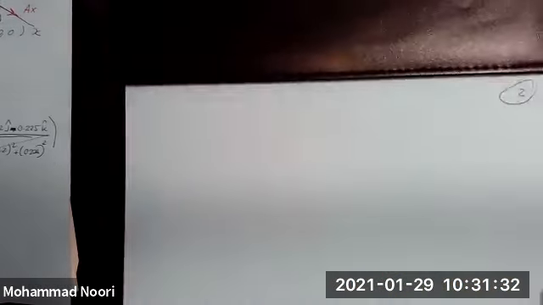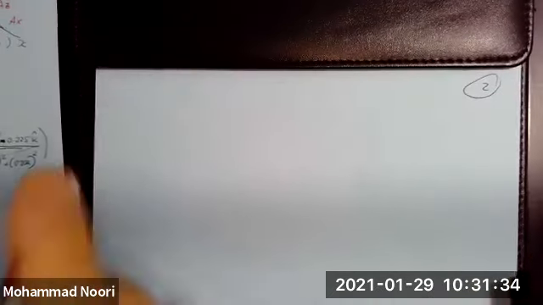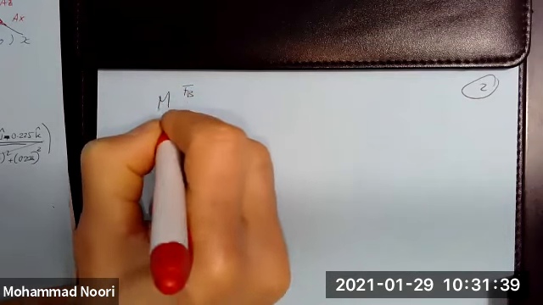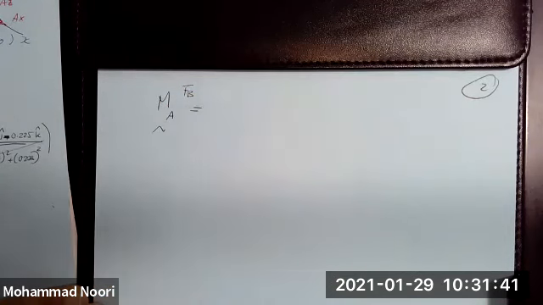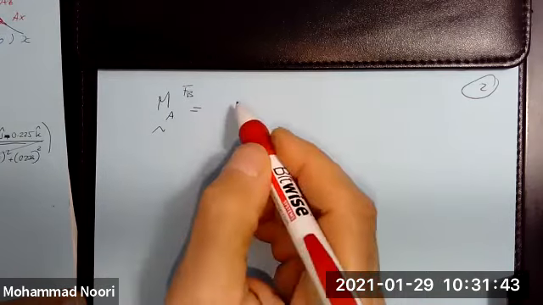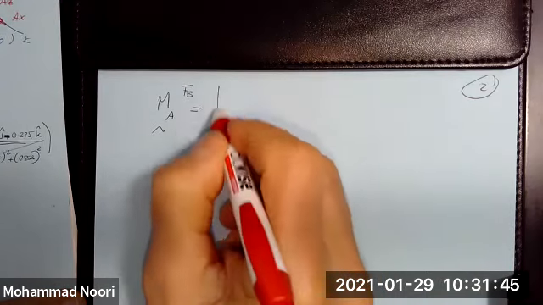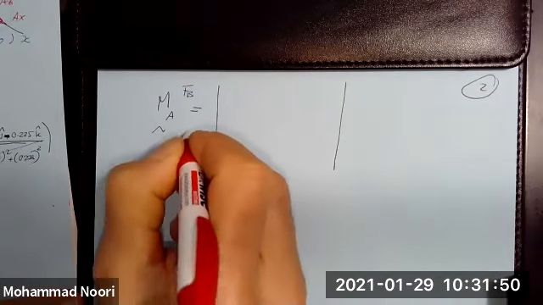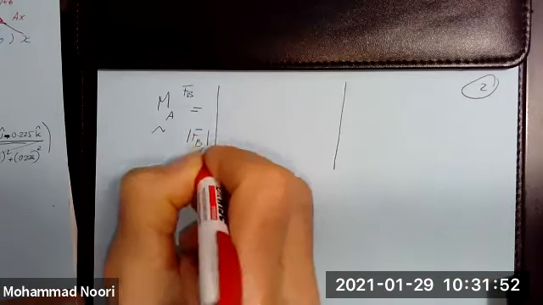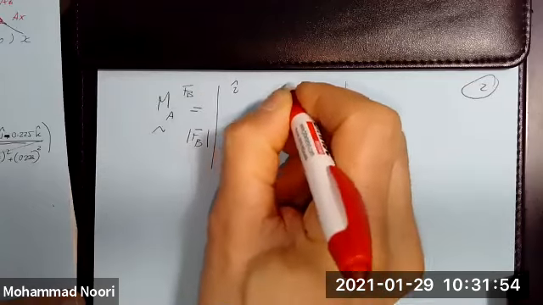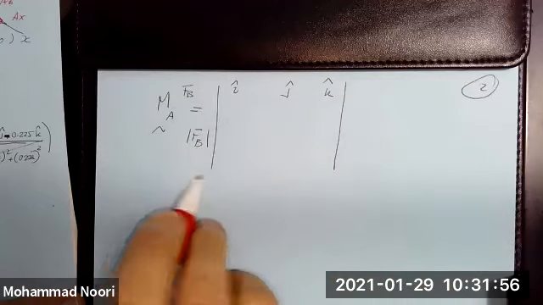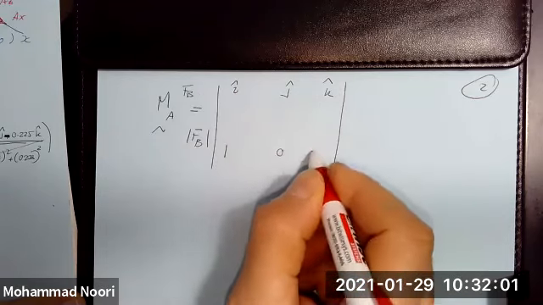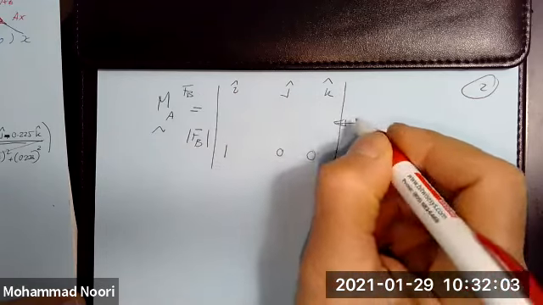So I will start with the moment of the force FB about A. What would that be? It is AB cross FB, so I'm going to set up this determinant. F_B is unknown. I have I, J, K. FB has only an X component, so you have F_B, 0, 0. How about this here?